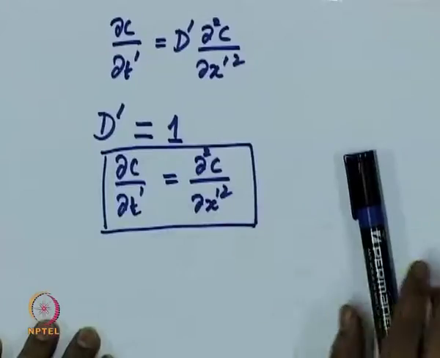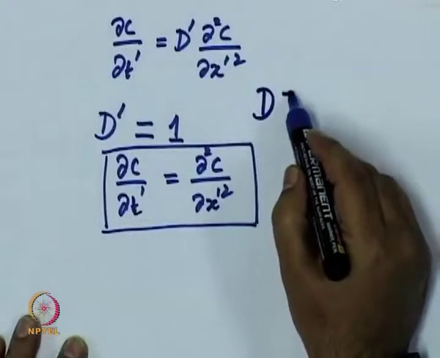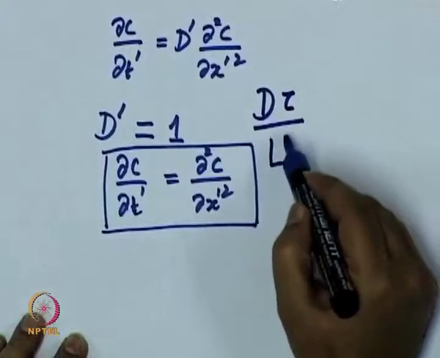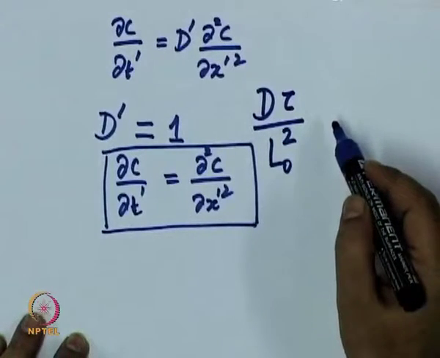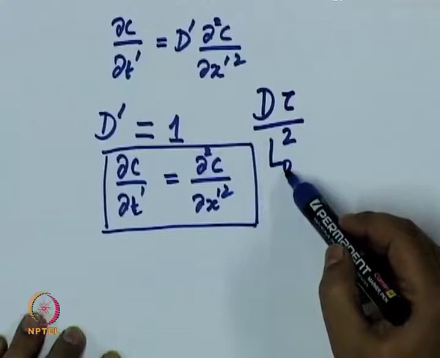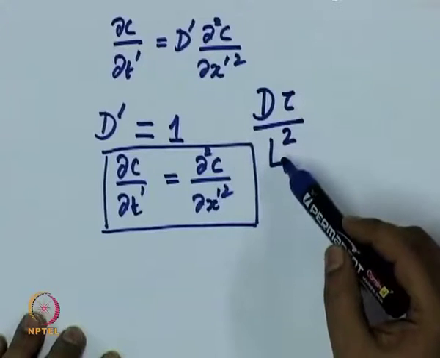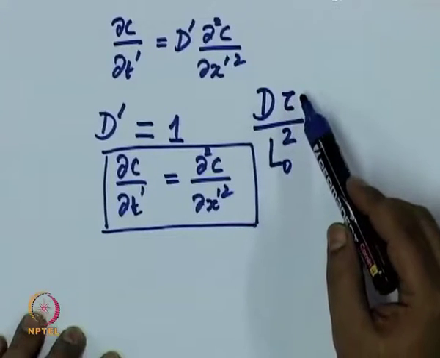Second reason, mathematically speaking, if you look at this equation, then it tells you that wherever, for example, this D tau by L naught squared, right. This L naught squared could be in microns and this could be in seconds, or this could be in meters and this could be in hours.